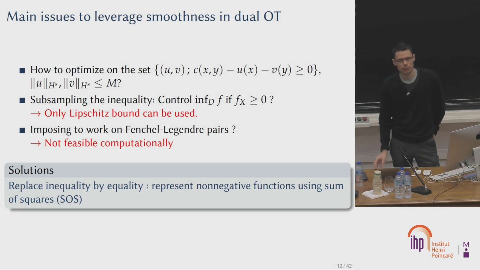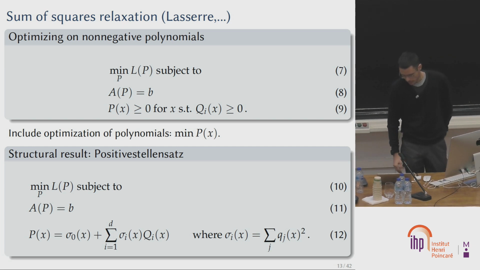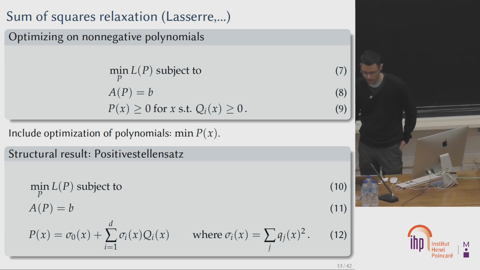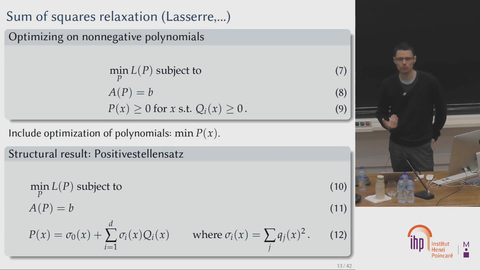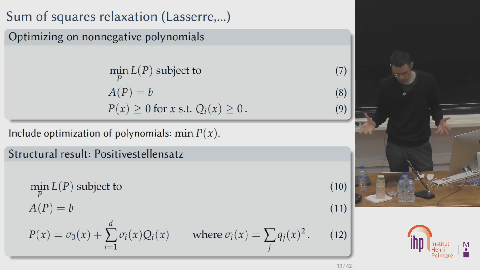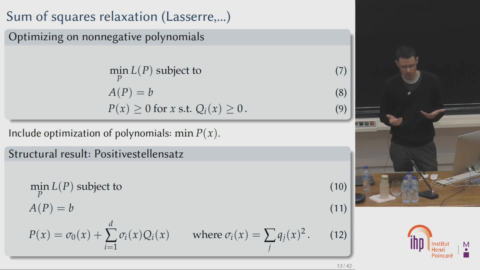So one solution, when it's possible, is to replace inequality by equality. Okay? Super nice. And this has been proposed a while ago and in particular developed a lot by Lasserre, Henrion, and many people, in particular for global optimization. So the problem they looked at was to optimize a polynomial function on a set which is also defined by polynomial inequalities.